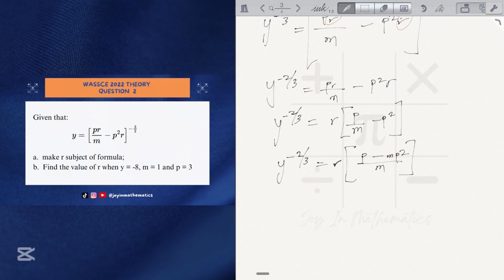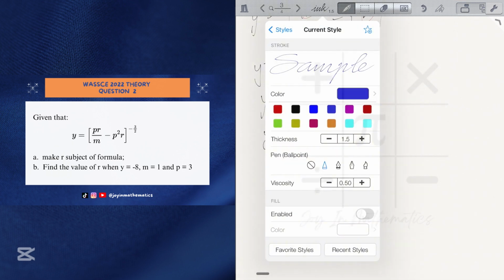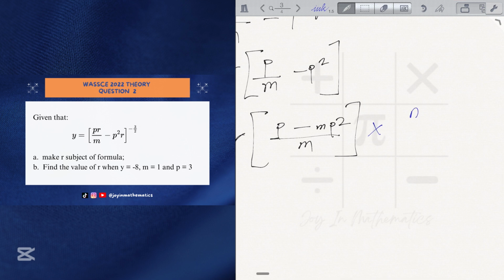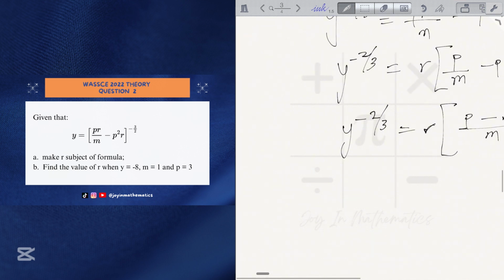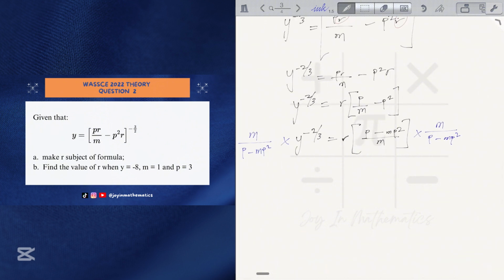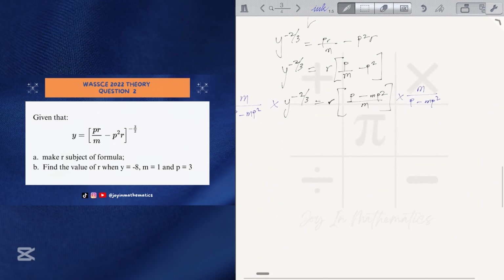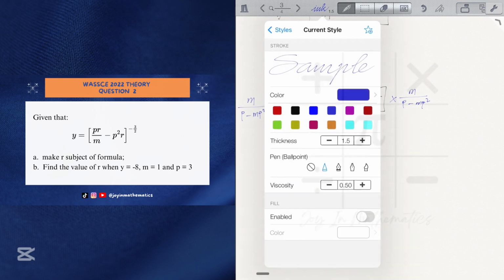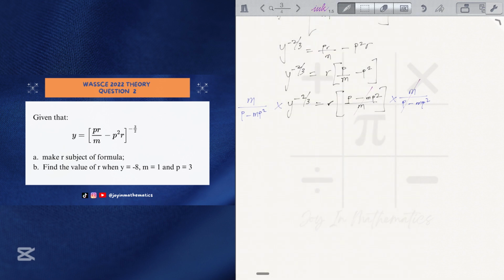Now I can just choose to multiply both sides by m divided by p minus mp squared. So instead of dividing, we'll just multiply both sides. With that, this will nullify this, and we would have r is equal to m divided by p minus mp squared multiplied by y raised to the power minus 2 over 3.